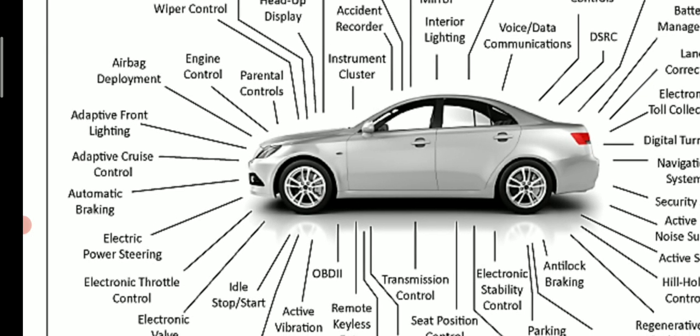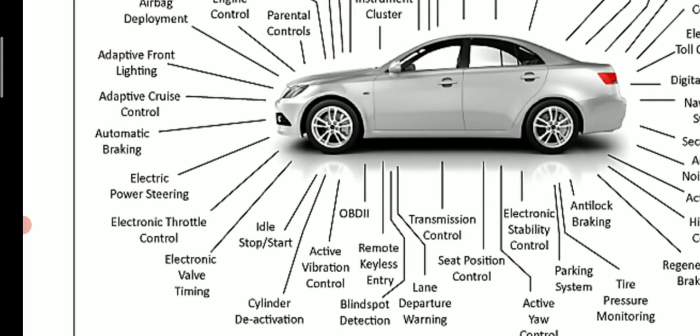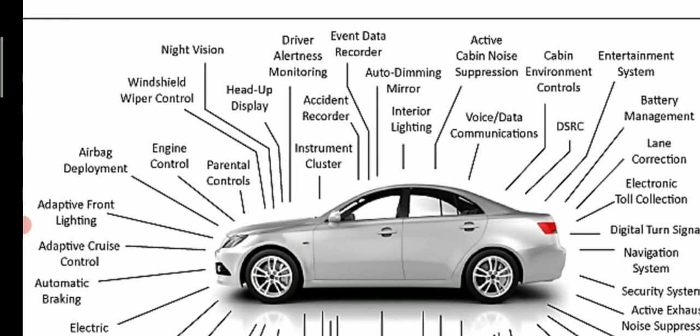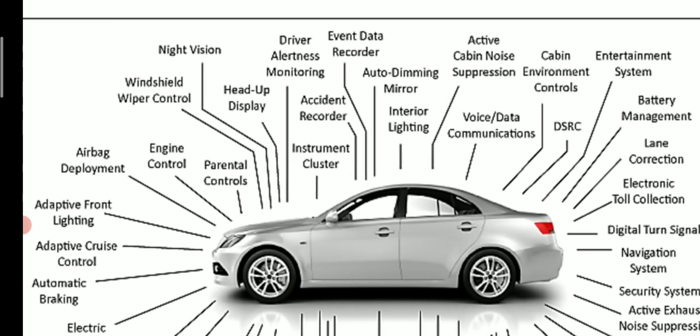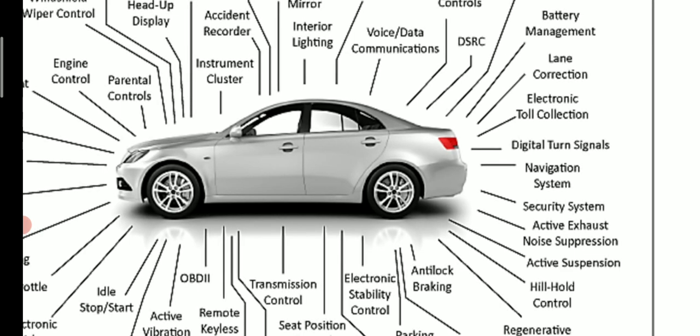You will see in this picture, the ECU is in connection with engine control, airbag deployment, adaptive front lighting, adaptive cruise control, automatic braking, electric power steering, idle start or stop, active vibration control, remote keyless entry, blind spot detection, seat position control, electronic stability control, anti-lock braking system, parking system, instrument cluster, interior lighting, voice data communication, active cabin noise suppression, entertainment system, battery management, lane correction, electronic toll collection, navigation, security system, and active suspension.